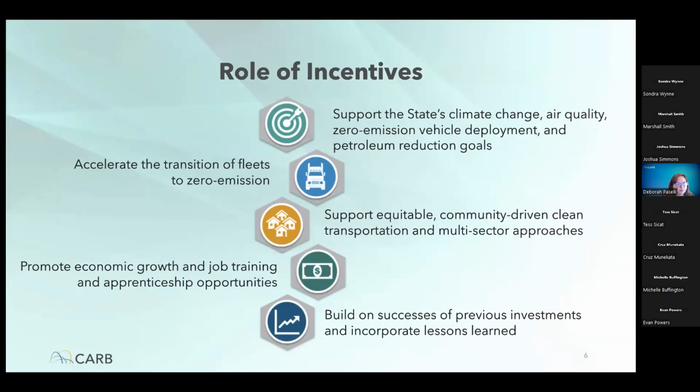Highlighting California's goal is the Governor's Executive Order N-79-20, that calls for California's transition to 100% zero emission by 2035 for drayage trucks, 2045 for heavy-duty vehicles, as well as 2035 for zero-emission off-road vehicles and equipment where feasible. Incentives encourage businesses to transition to cleaner technology, and it also stimulates the marketplace to manufacture cleaner technology as well. Next slide.